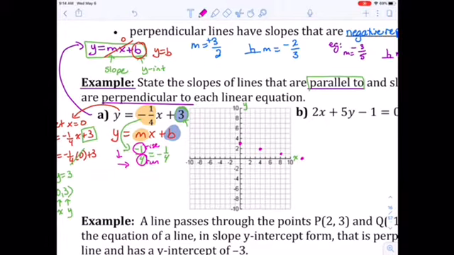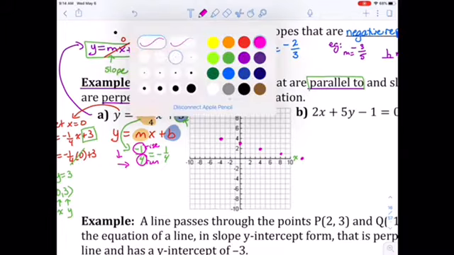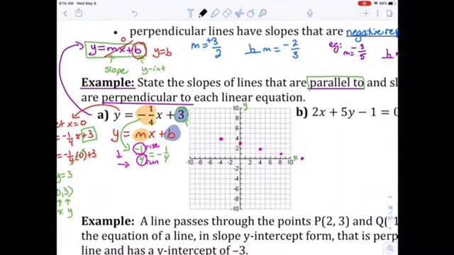Of course, if I wanted to go in the other direction, I could go up 1 and left 4, the exact opposite. But to find my first point from my y-intercept, I follow the rule: I fall down or rise up, and I run right. Hopefully many of you are figuring out and making those connections as you go through and do your homework.